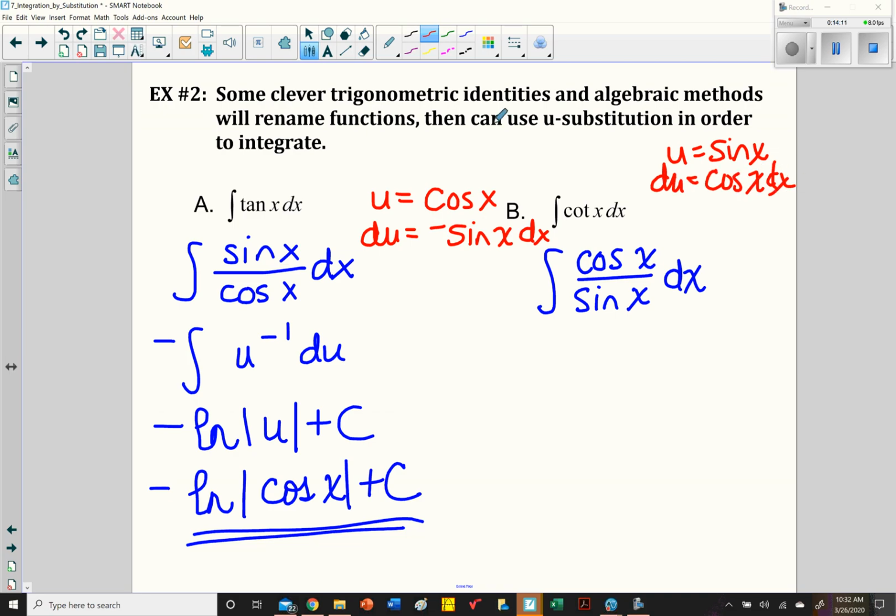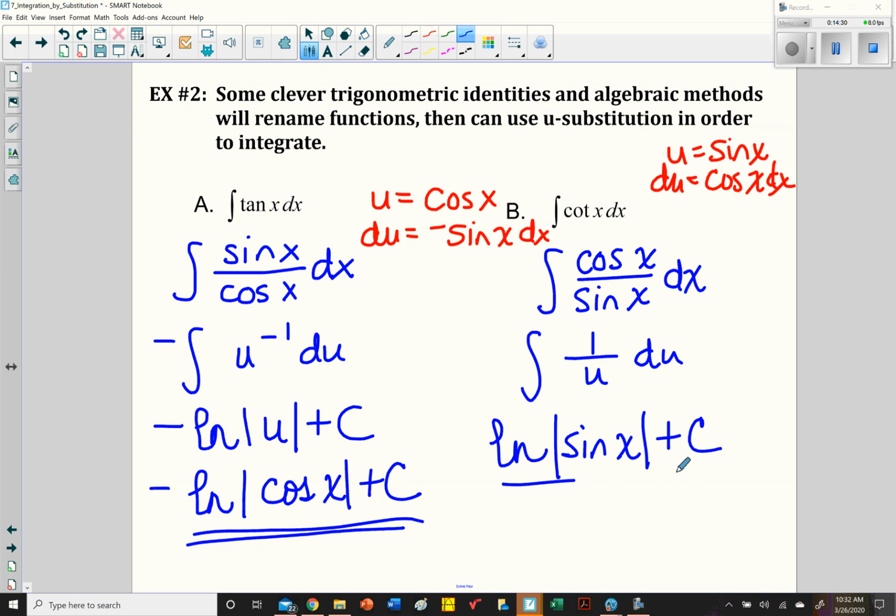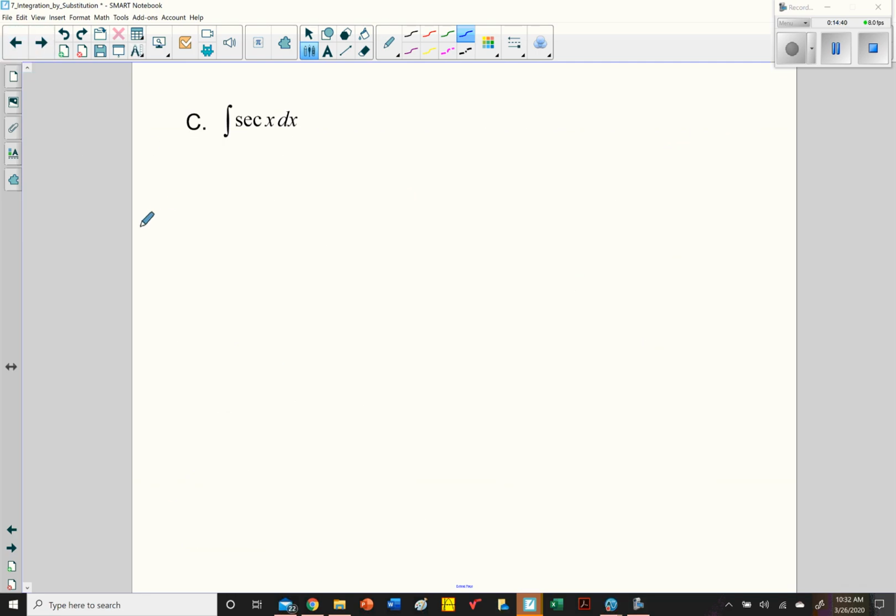That's our numerator. And following along in that same thing, we have 1 over u, just writing it different than this. So natural log of u was sine, natural log of sine of x, absolute value, plus a constant. So cotangent ended up with a positive answer, tangent with a negative answer. And you'll see those kind of trends all through.